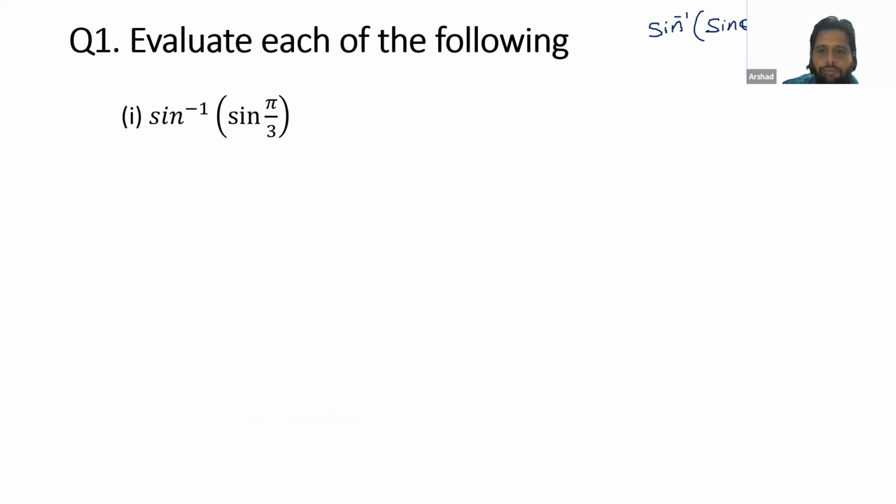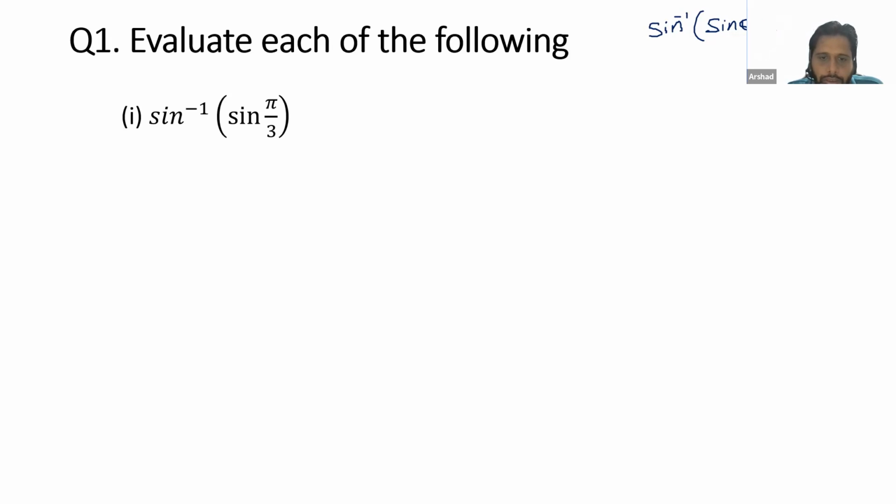Rifat, please reply to me on the chat box, okay? Yes, that's correct, Rifat. So the first property is sine inverse sine theta is theta, not x. But the condition is theta should belong to the principal value branch.